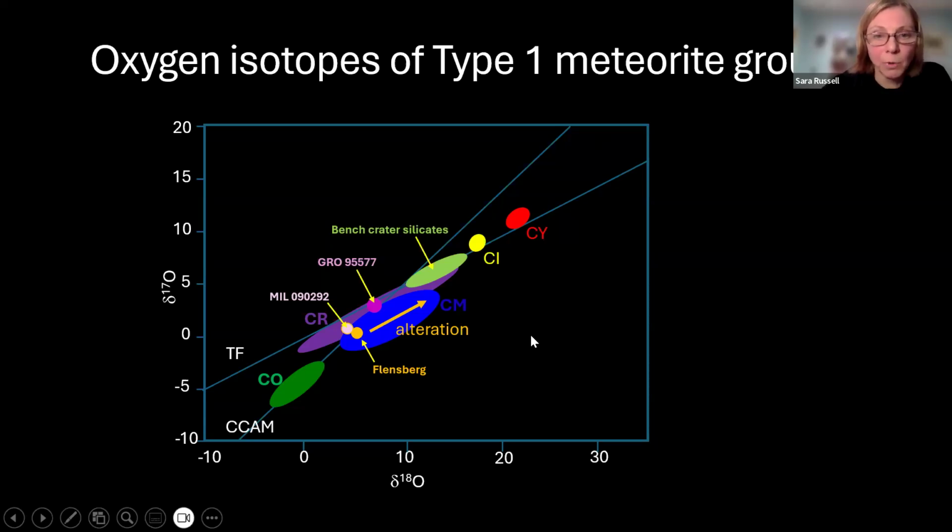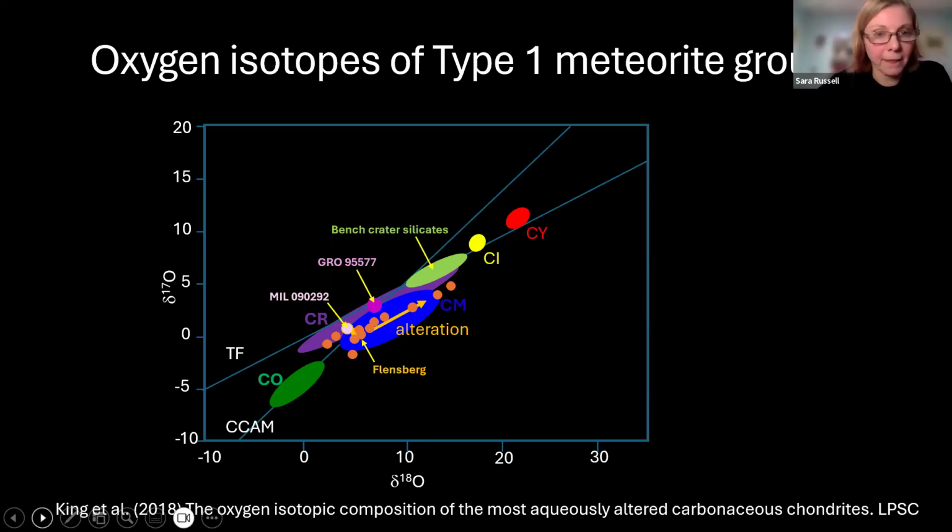But if we look at the CM1s and where they plot, they actually don't follow this trend at all. You would expect the CM1s to plot at the top of the CM field, the O16 poor, but they don't. They plot all over the field, which may be partly due to terrestrial alteration, because most of these samples are Antarctic finds, and so their oxygen isotopes may be compromised for that reason.